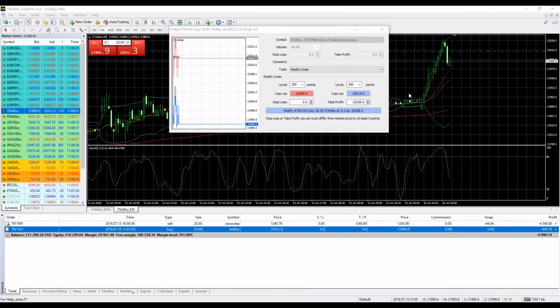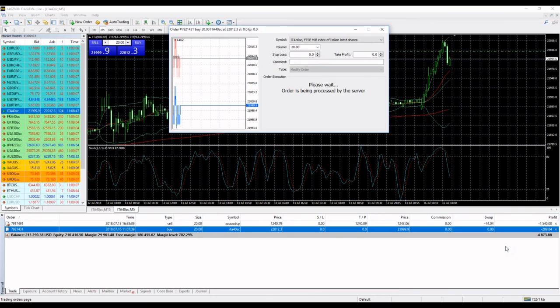So, yes, I just put a long position on Italy 40. I'm setting my target prices right now. Let me set them and then I will note it down. So we opened a long position on Italy 40.